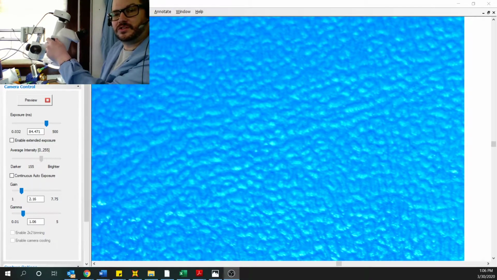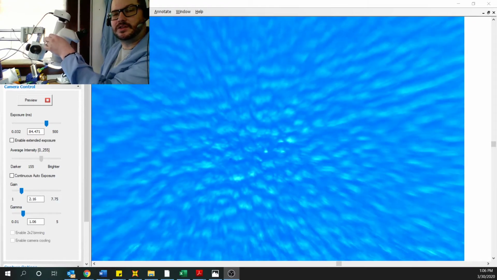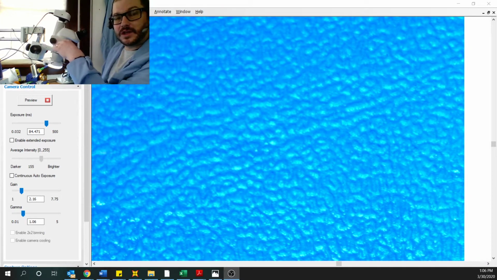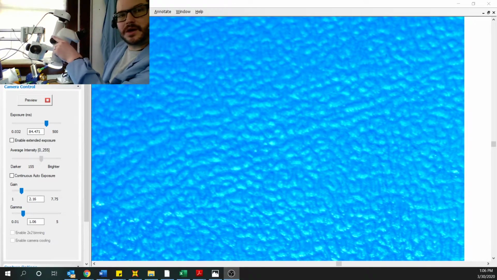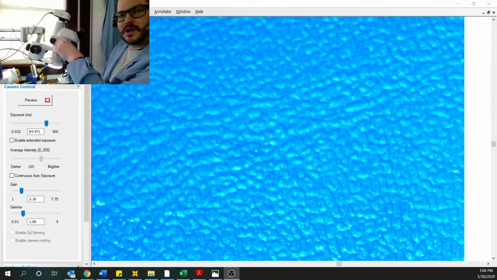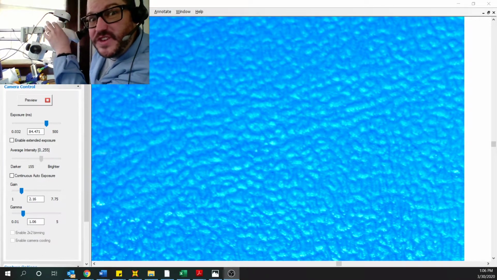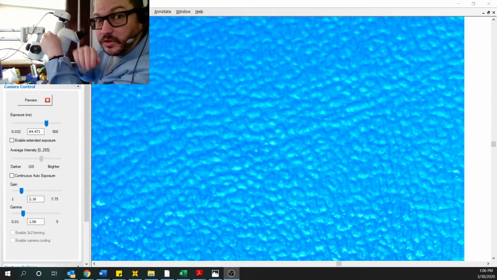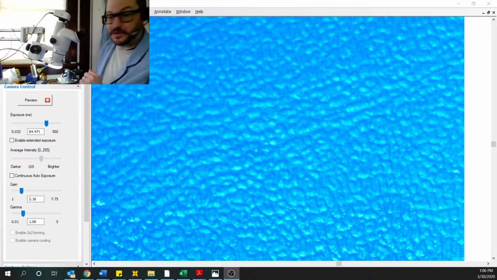By rotating this knob in and out, I can make the image get higher or lower in magnification. The range on my zoom tube, including the eyepieces, can go anywhere between 6.7 times the magnification to as high as 50 times the magnification. We'll demonstrate that in just a little bit before we talk about a couple of other things.